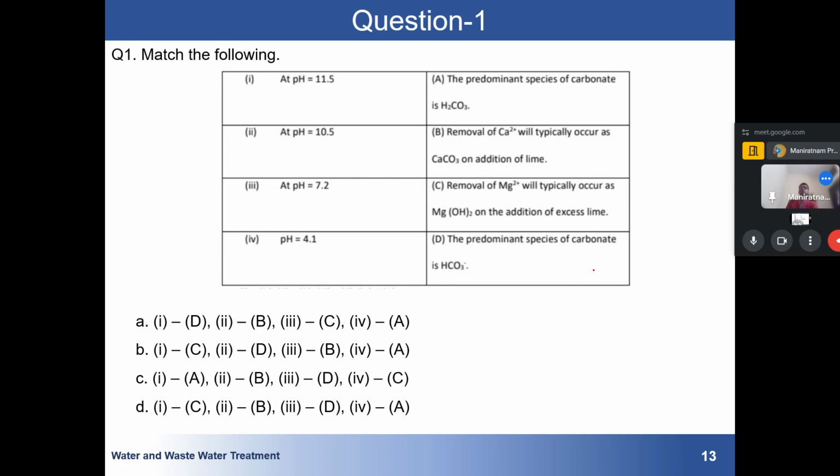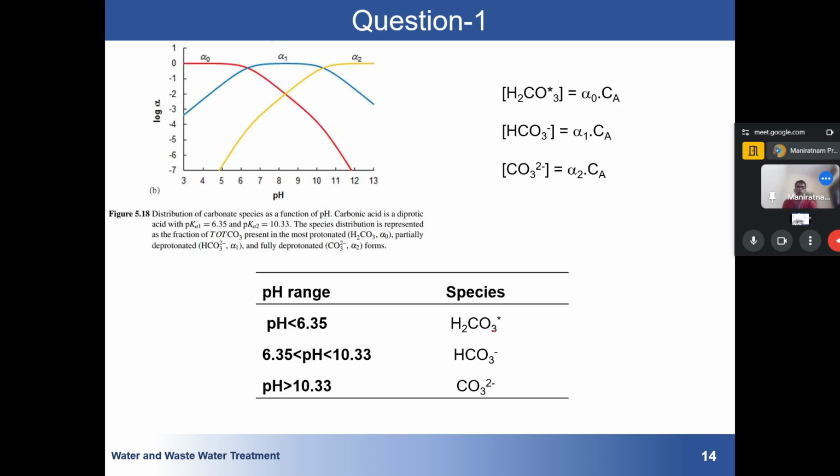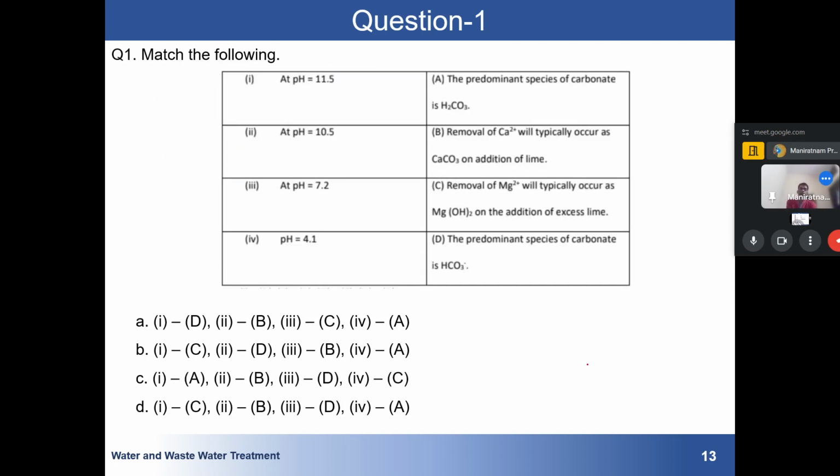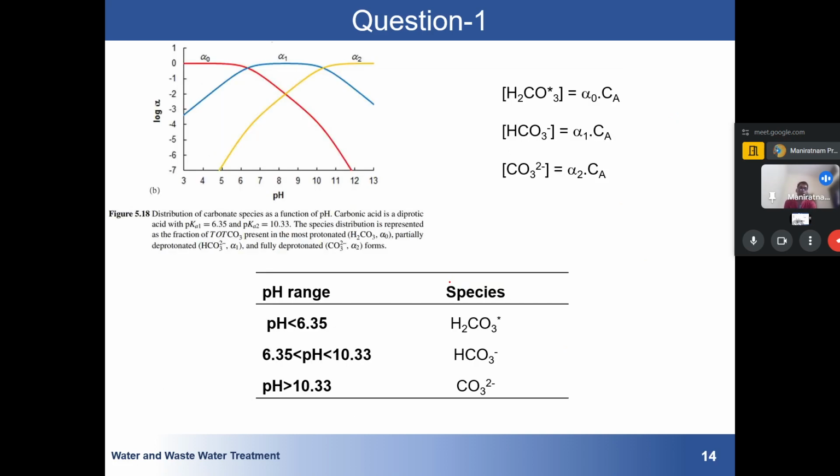You have to match the following. There are four different pH conditions and four different things, and you have to answer according to that. The first question is whether it is related to the dominant species of H2CO3, HCO3 minus and CO3 2 minus. I have already explained this.